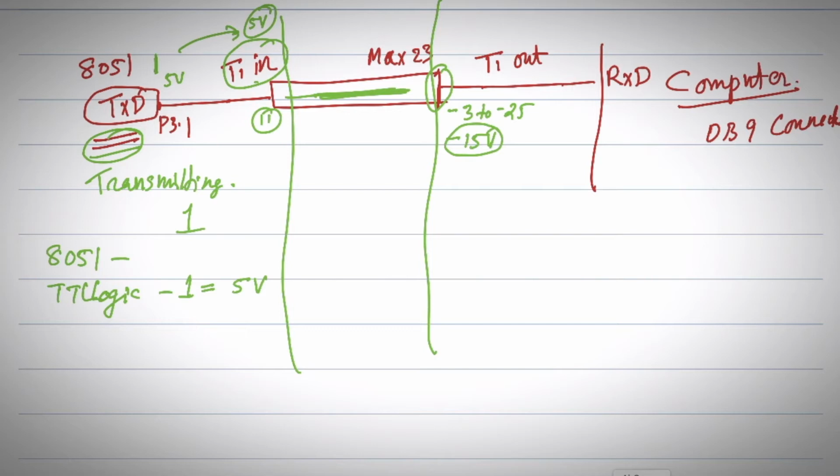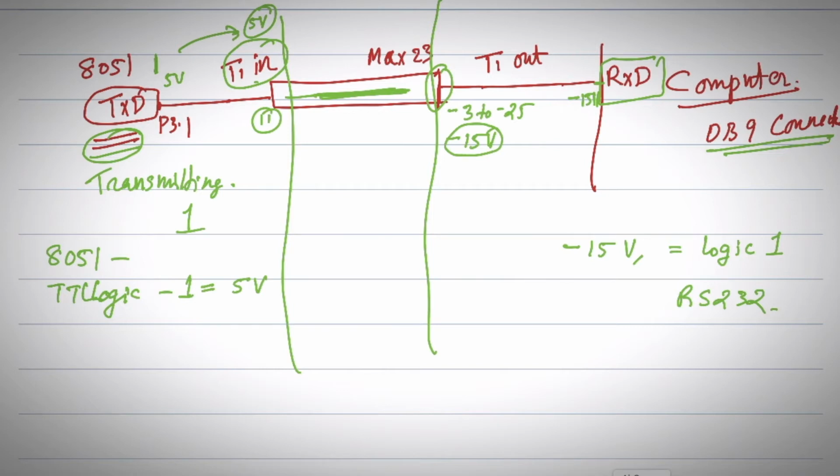And this -15 volt is considered as logic 1 in RS232 transmission, right? So that means this computer has RS232 logic deployed because of this DB9 connector, and the RxD pin of this computer DB9 connector will receive -15 volt.